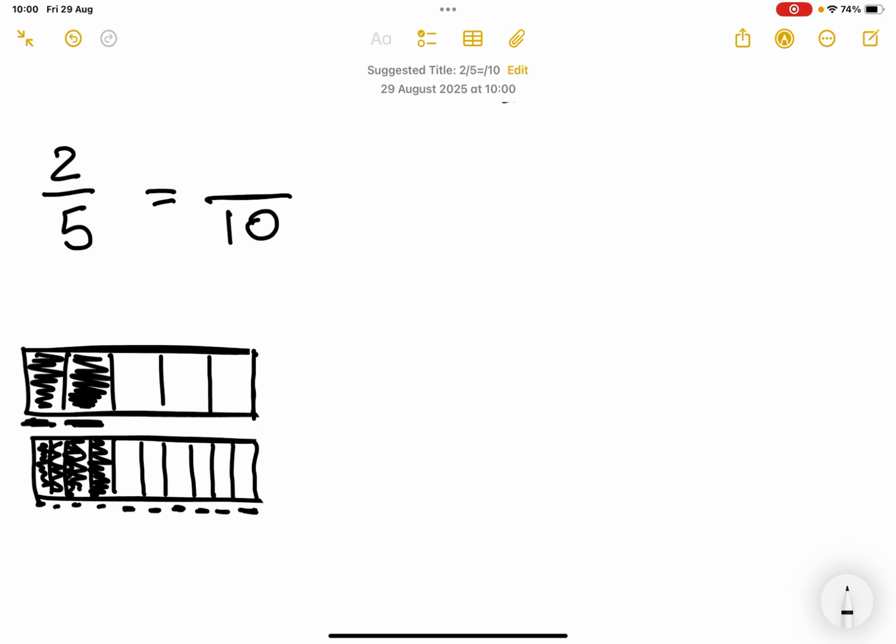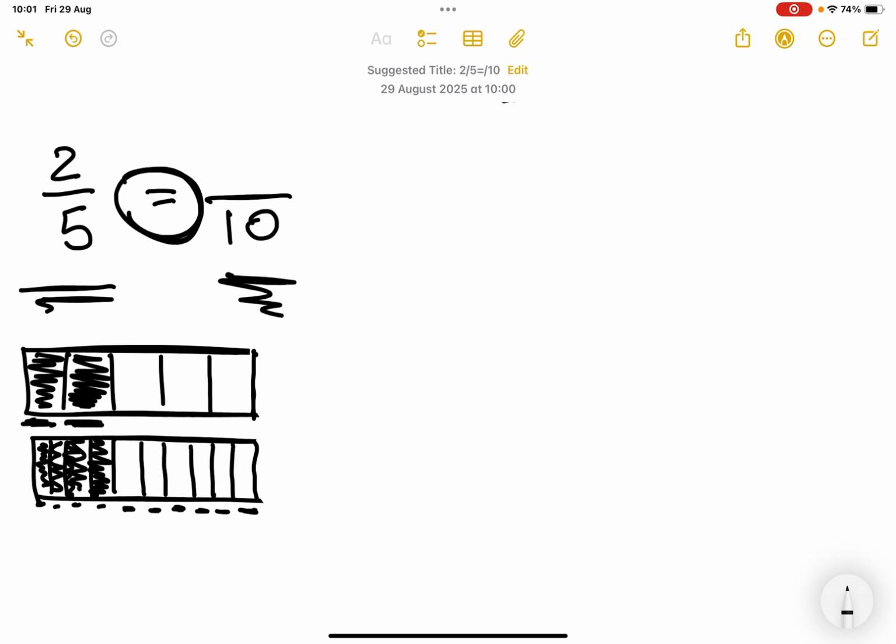Now, how do I do that as a fraction? Well, when I do equivalent fractions, I've got 2 fractions on either side of my equal sign. And I need to look at the ones that I've got here. That's on both sides.